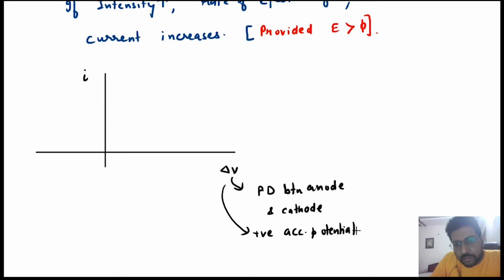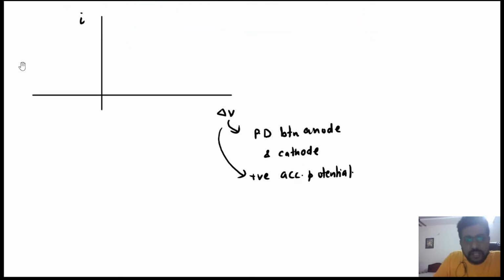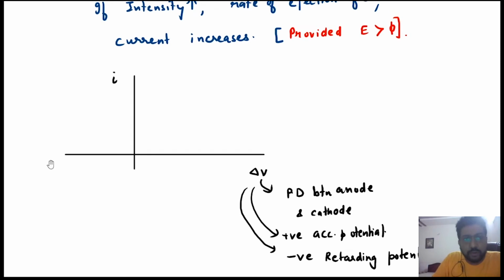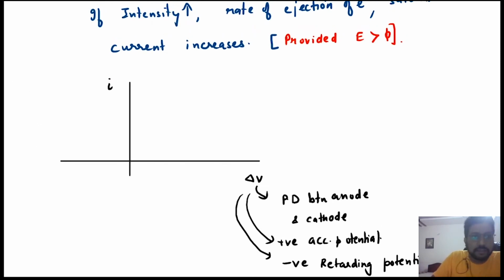Remember, I told you the other day that if the potential of the anode is high, it is accelerating potential, and if it is negative, that means it is retarding potential. And this is a very important graph for NCERT and for boards, for entrance both.